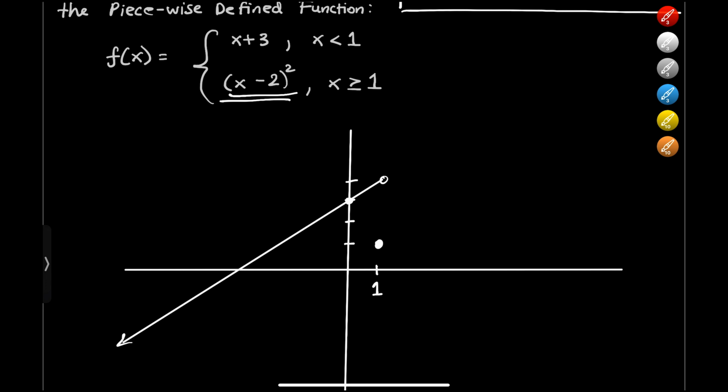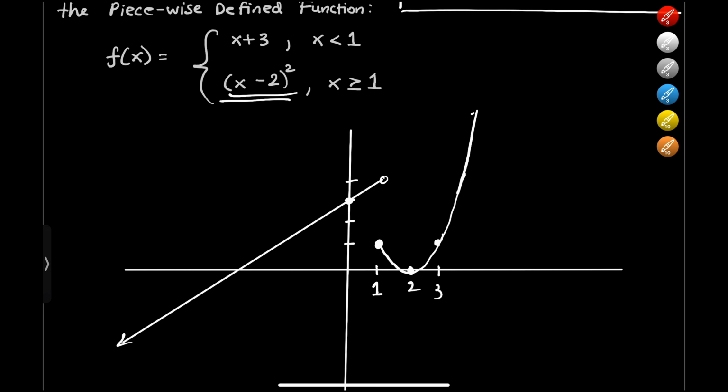So this is equal to 1. And for 2, looking at that would be 0. And for 3, that would be 1 again. So we have 3 points for our parabola. So let's draw this out.